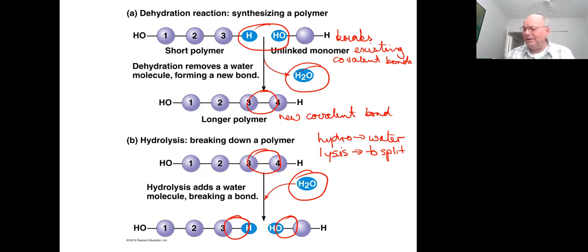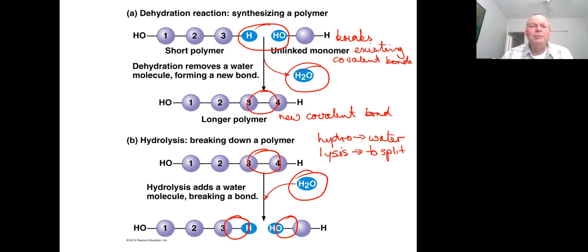Where we start to encounter diversity and where we start to understand why life is as diverse as it is, because even though, for instance, if we're looking at proteins, all proteins are built out of a set of 20 common amino acids that are pretty much universal across all life forms.